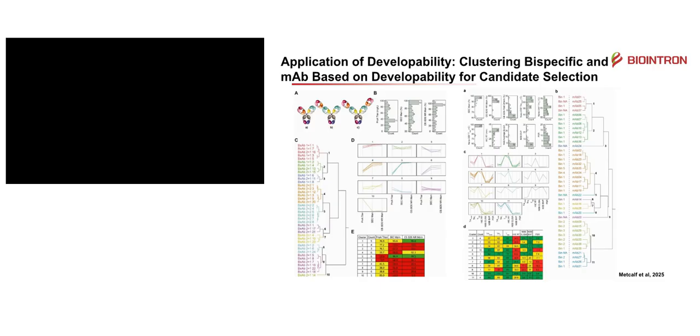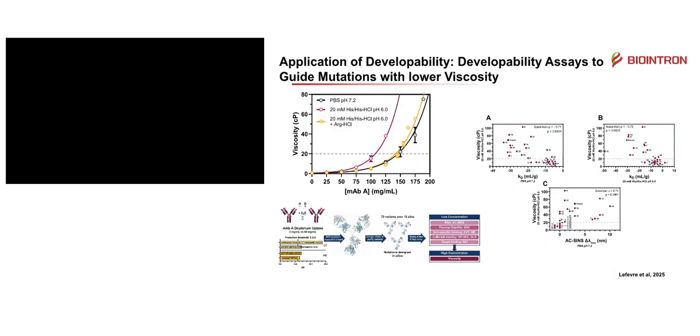So that will help them to select better candidates. And this one, again, was a very new paper because, as I said before, right now we are working on antibodies with very high formulation concentration, more than 100 milligram per liter.